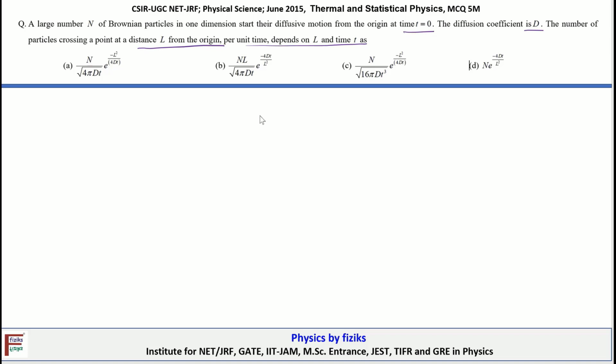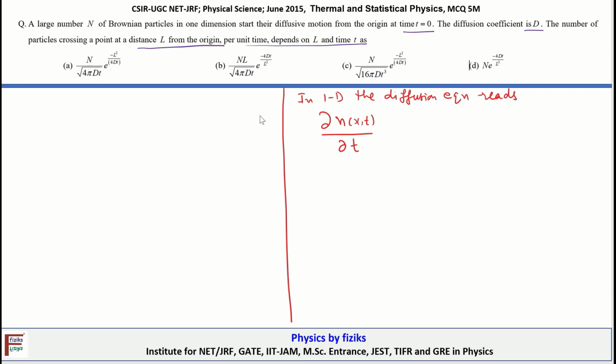The diffusion equation for a Brownian particle in one dimension reads: dn(x,t)/dt equals D d2n(x,t)/dx squared.